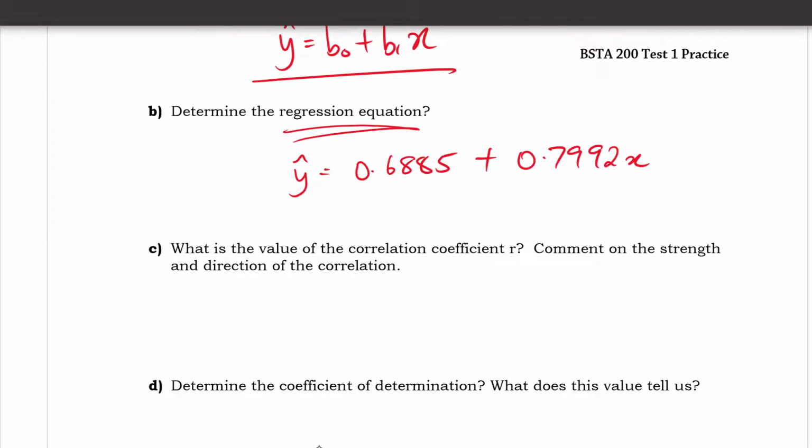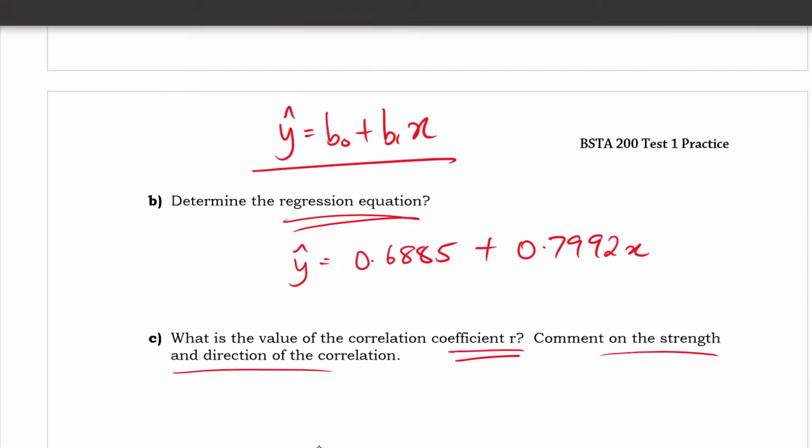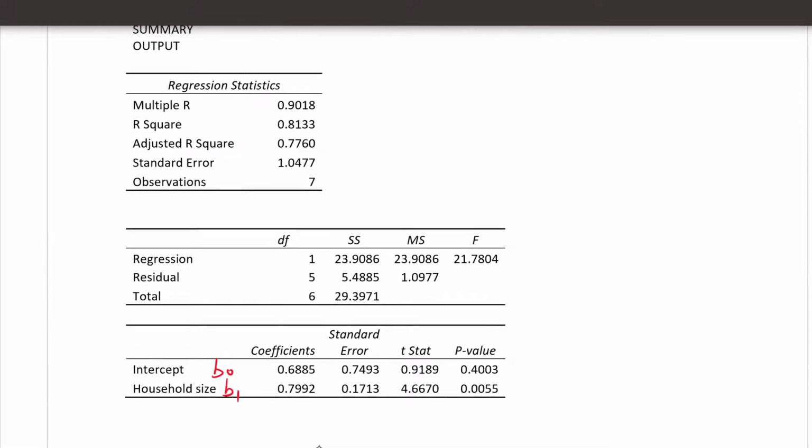The next question wants us to find the value of the correlation coefficient R, and to comment on the strength and direction of that correlation. That takes us to the top part of the output. In this output, R is given to us. Sometimes it's not given, so we have to find it.